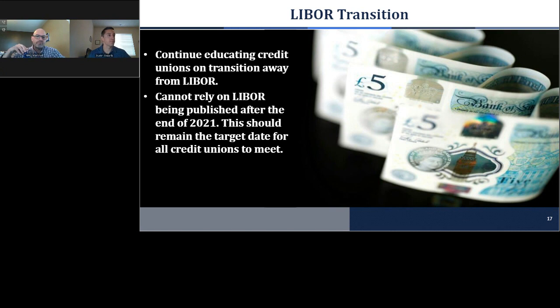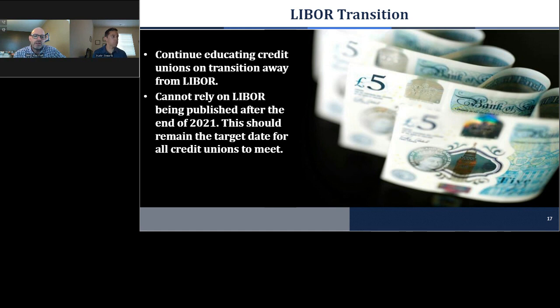Thanks. Okay. Next one. This is a repeat from last year. The LIBOR transition. Examiners and NCUA are continuing to encourage the credit unions to get prepared for this. The discontinuation of using LIBOR ends at the end of this year, 2021.